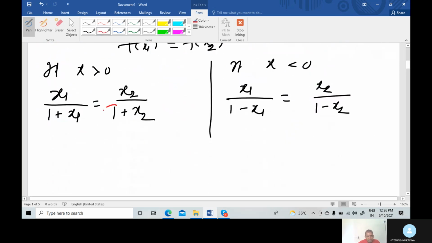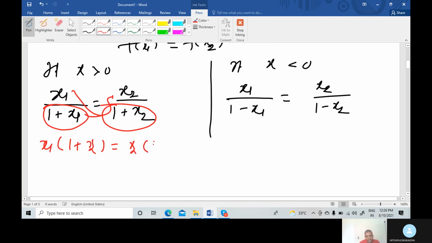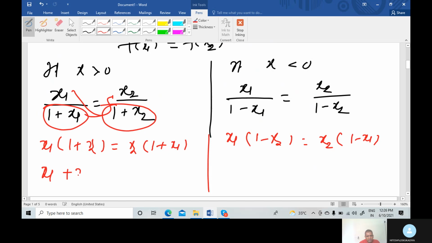Now 1 plus x2 multiplied by x1, and 1 plus x1 multiplied by x2. So x1 into (1 plus x2) equal to x2 into (1 plus x1). Here x1 into (1 minus x2) equal to x2 into (1 minus x1). Now open the bracket, x1 plus x1x2 equal to x2 plus x1x2. The same term x1x2 cancels.